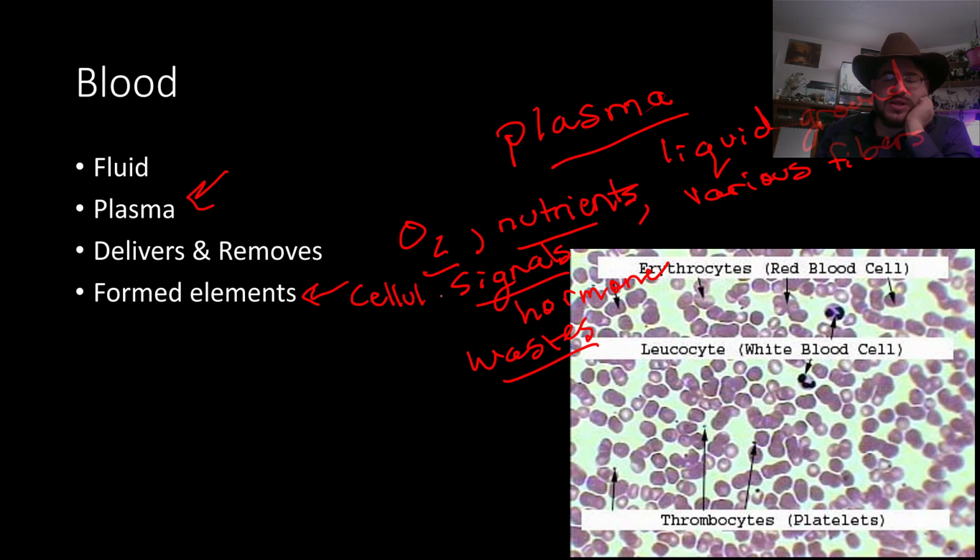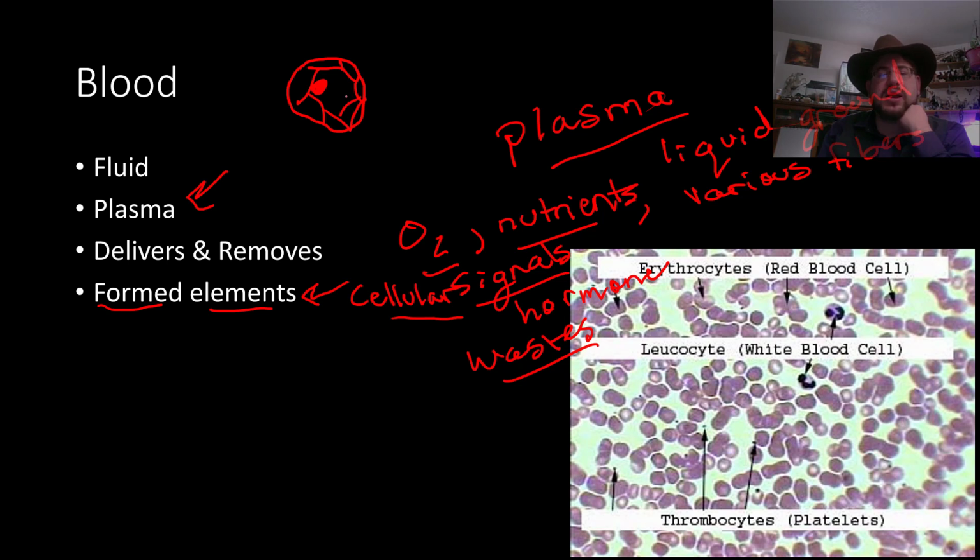We call it, instead of saying cellular portion, we say formed elements, because I believe I mentioned it when we were talking about differentiation. But when you go to make platelets, you build a really big cell, and then the platelets are little broken off fragments of that original cell.